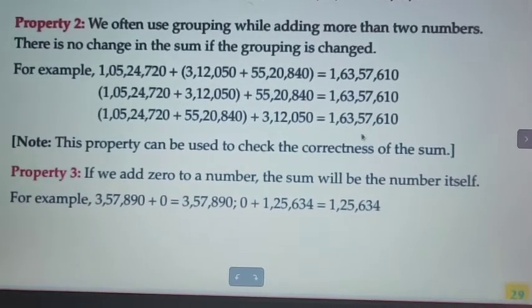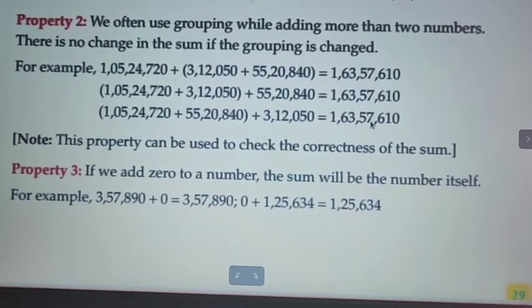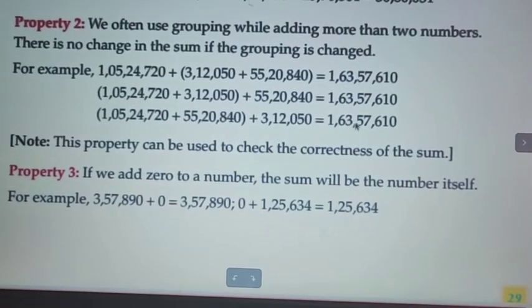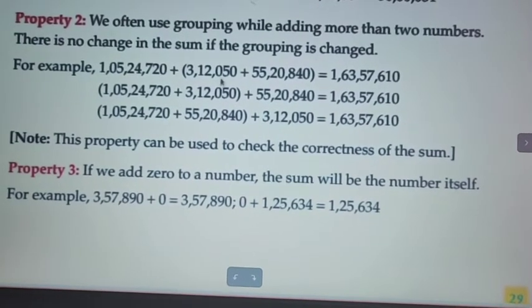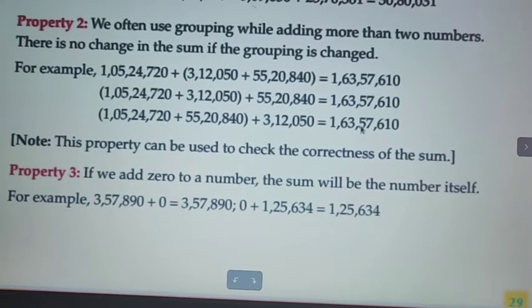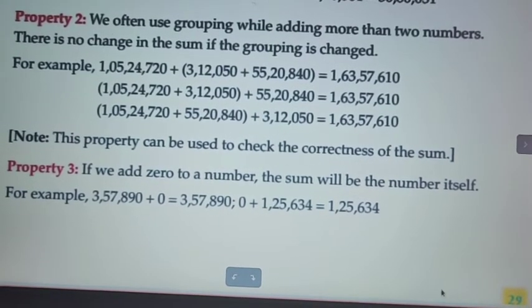And what is the answer? Again 1,63,57,610. That means there is no change in the sum if the grouping is changed. This property can be used to check the correctness of the sum.